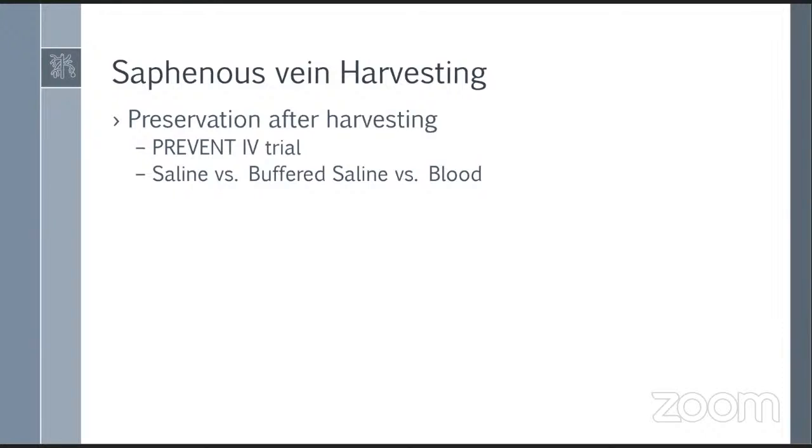The recurrence or low patency with the endoscopic technique was more because they had heat and all this. But now with the newer technique and the new instrumentation, I think it's the same.